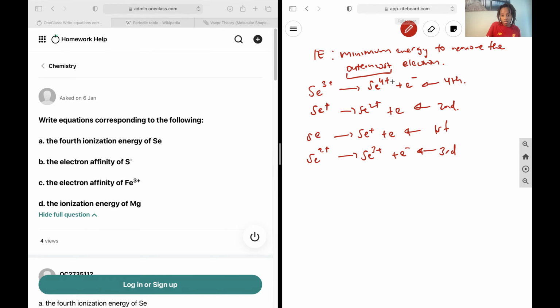A good way to just remember it is notice the 4 is leading to a 4+, second is leading to a 2+, the first is leading to a 1+, and the third is leading to a 3+.